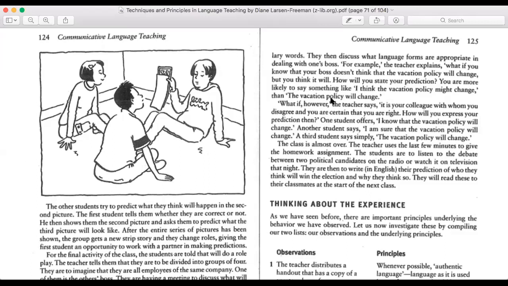Here also, every time the class gets over, the students are given homework that they should keep on listening and be in touch with the language that they are learning. In this particular case, of course, it is the English language. So the teacher gives them a topic here. Otherwise, we were just asked to listen to the news.